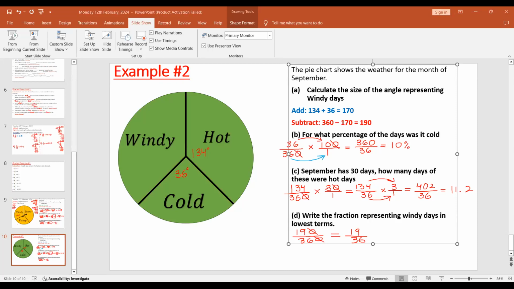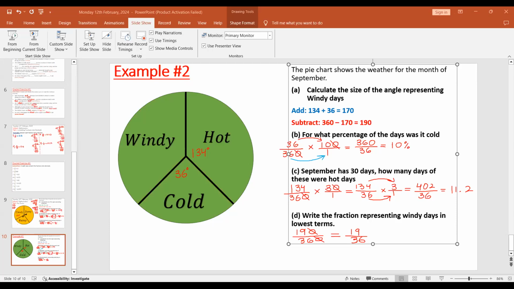So we have to find out how many days in September were hot. So we say 134 over 360 times 30 over 1. We could cancel the 2 zeros. So now we say 134 over 36 times 3 over 1.